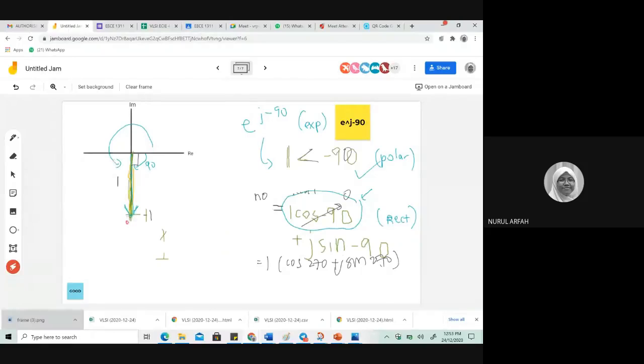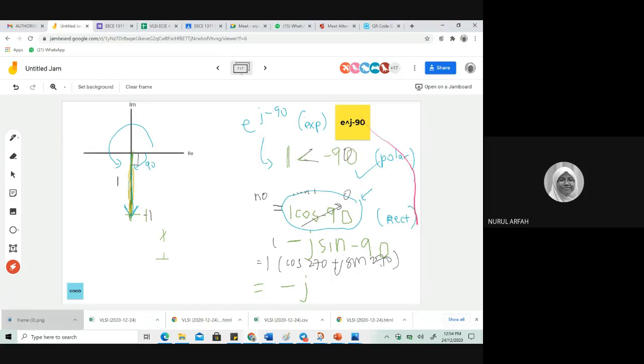Plus j. Is it a plus here or a minus? Since we say that going up is positive and going down will be negative, right? If going up is a positive, going down will be a minus. So this one should be a minus j. Now, what is sine negative 90 degree?